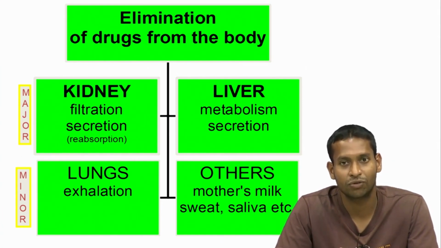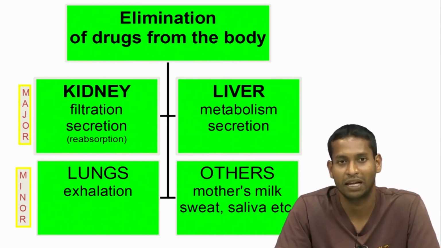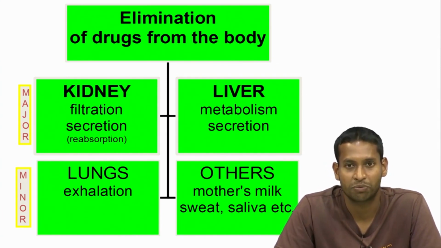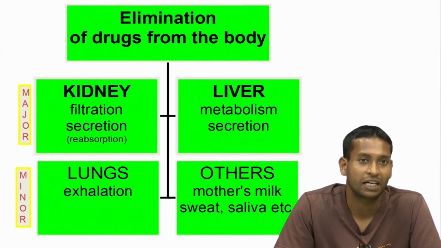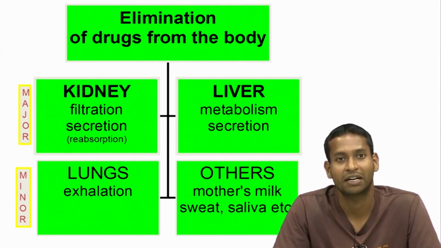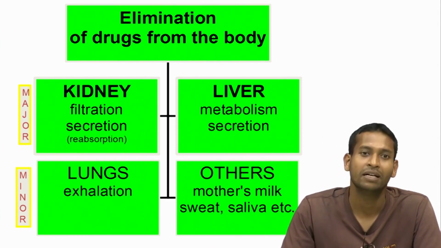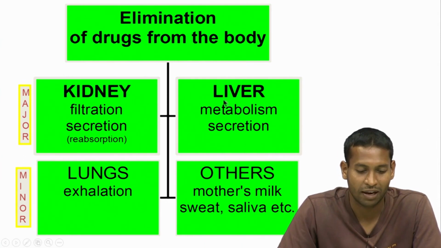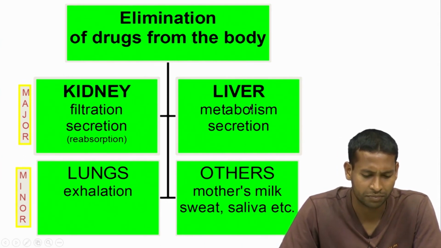It will still have to go through the kidney to be eliminated completely. But let us say a molecule is broken down into 3 different smaller fragments, the activity may get lost, and so the drug itself is eliminated and converted into some other form, and it is no longer active. So, that is why it is important to talk about the liver when we are talking about elimination.